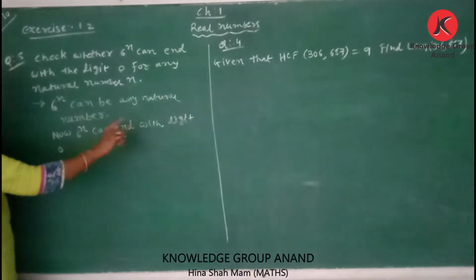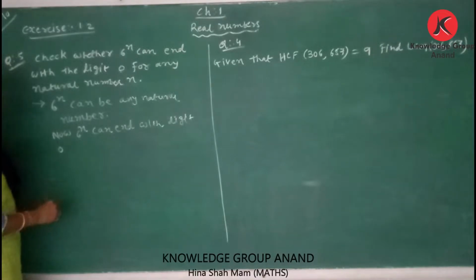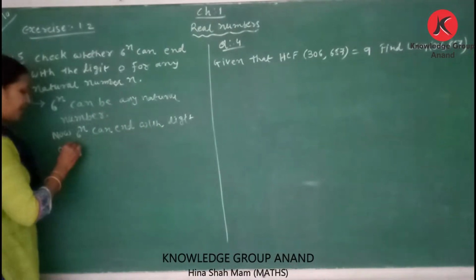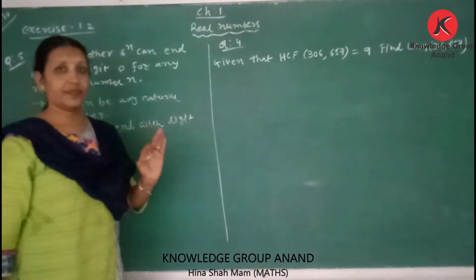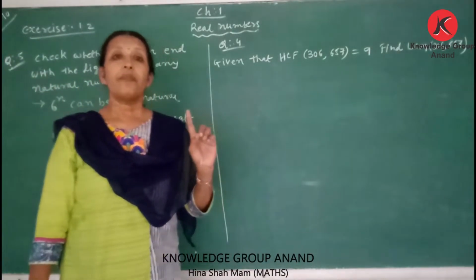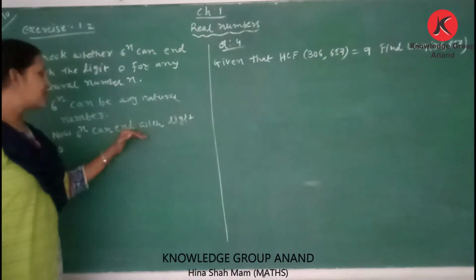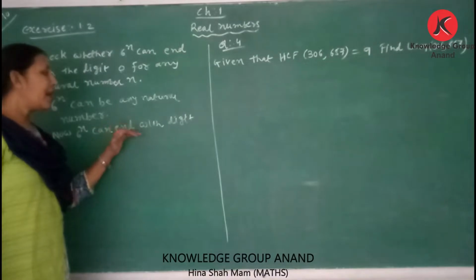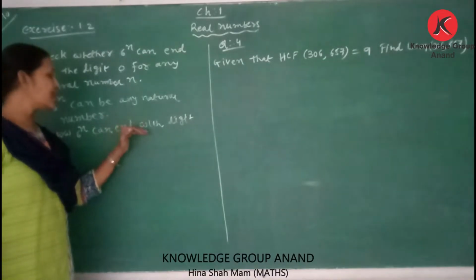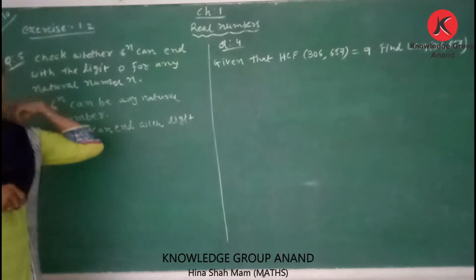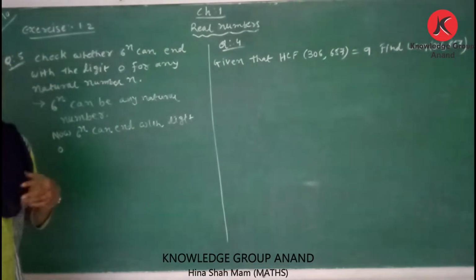Which number has its unit digit 0? Multiples of 5 and 10.